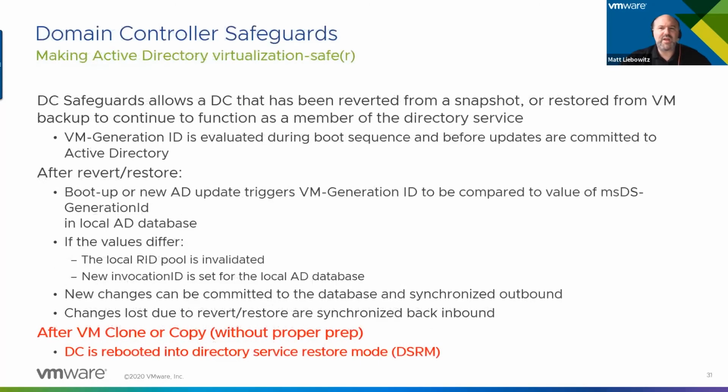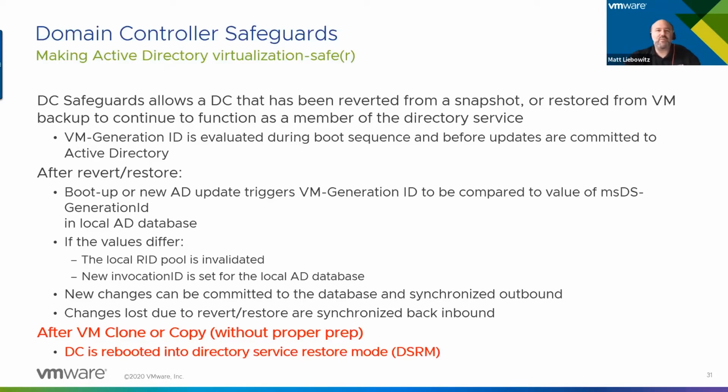So a little bit more on how it works. These safeguards allow a domain controller to be reverted from a snapshot or restored from a backup to continue to function as a functioning member of the directory service. So what will happen is the generation ID value is evaluated during the boot sequence before any Active Directory updates are committed to the local copy of the database on that domain controller.